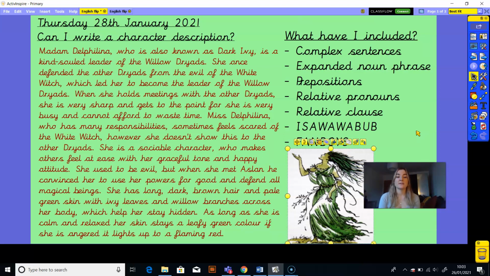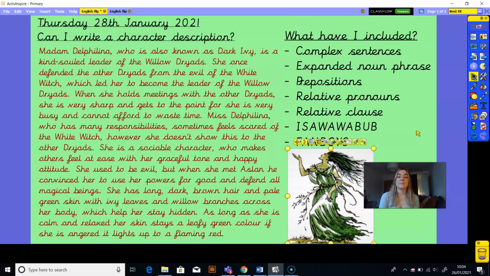She is a sociable character who makes others feel at ease with her graceful tone and happy attitude. She used to be evil, but when she met Aslan, he convinced her to use her powers for good and defend all magical beings. She has long, dark, brown hair and pale green skin with ivy leaves and willow branches across her body, which help her stay hidden.